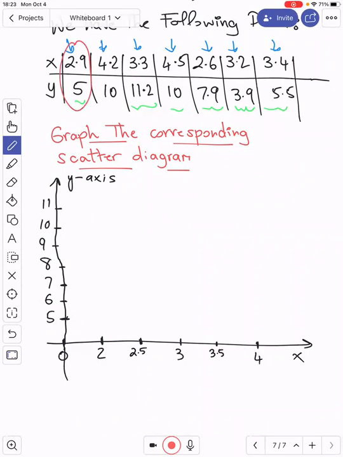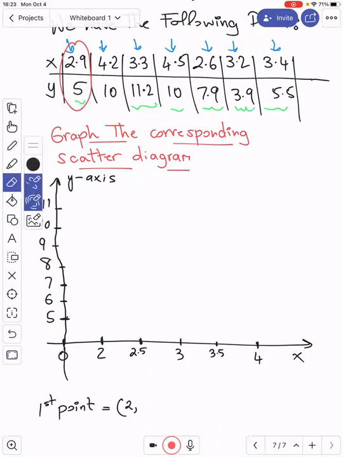So the coordinates of the first point are 2.9 and 5. Again, this is your x, and this is your y. My x is 2.9, so let's find 2.9 on the x-axis, because that's the value of my x.